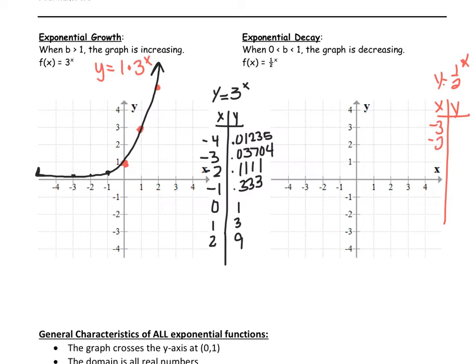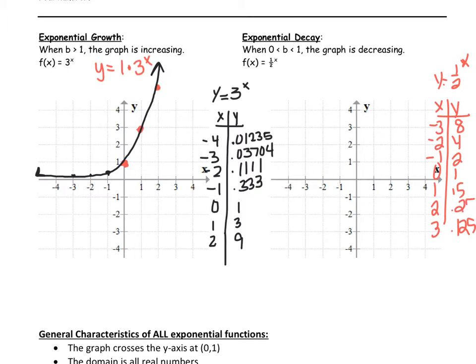So -3, -2, -1, 0, 1, 2, and 3. So hit resume when you're ready for the answers. Okay, you should get 8, 4, 2, 1, 0.5, 0.25, and 0.125.